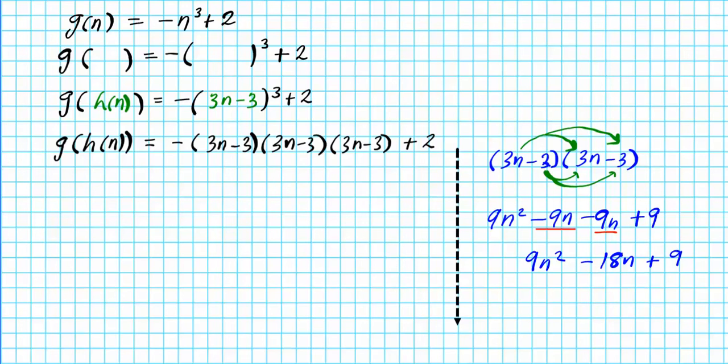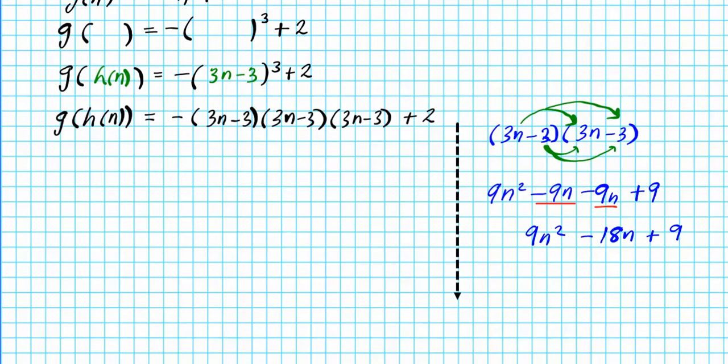We can't use FOIL here because we're not multiplying two binomials. What we are multiplying is a quadratic trinomial with a binomial. So the methods you can use are either the box method or multiplying vertically. I'm going to do the vertical multiplication here. So 3n minus 3.